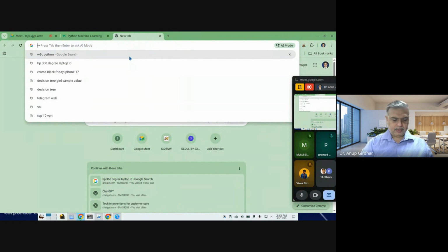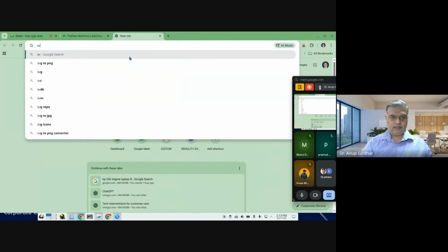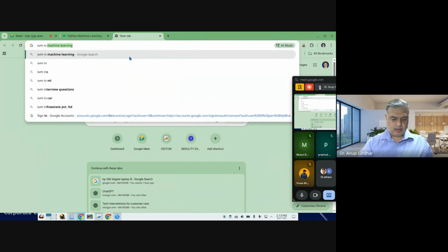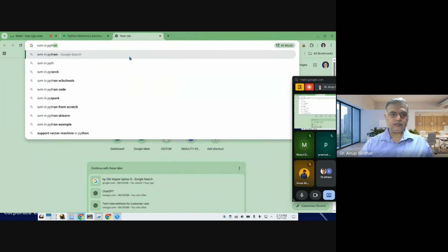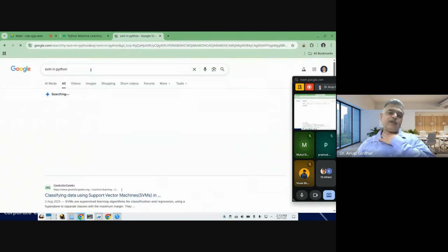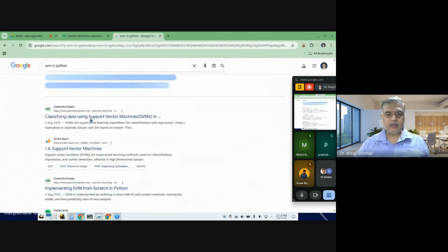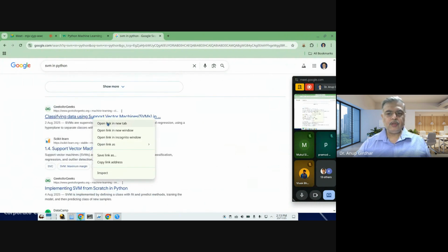So let us try another algorithm called SVM in Python. So you can try, I think Geek for Geek is a good one for SVM. You must try Geek for Geek.